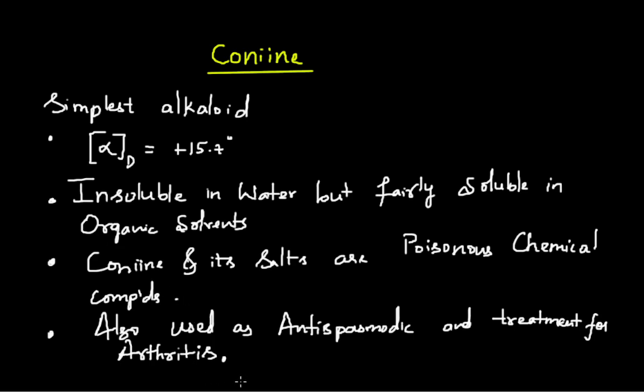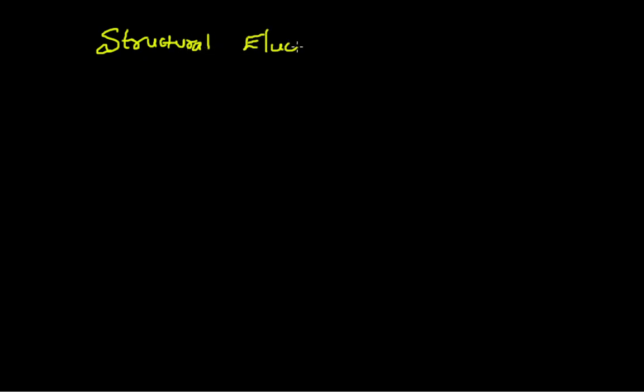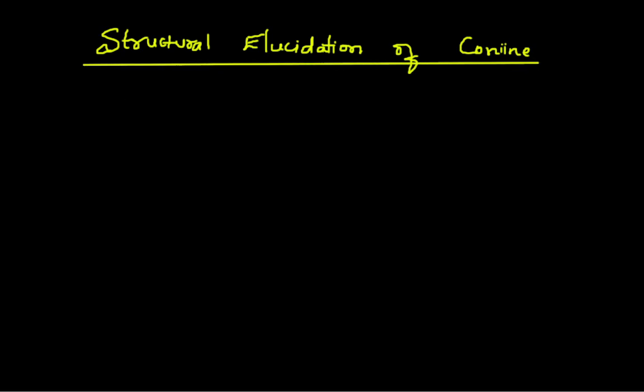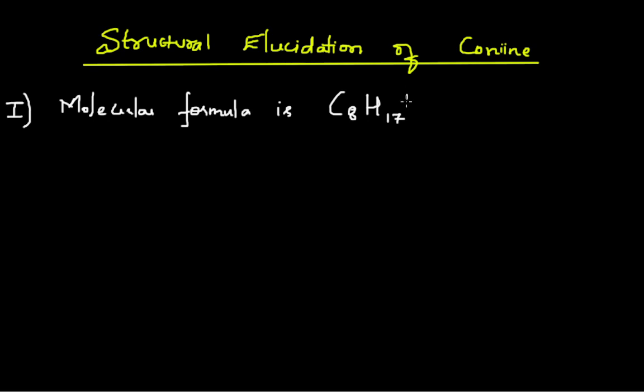Okay, so we will do the structural elucidation of coniine. First up, its molecular formula is found to be, it's a very simple alkaloid, C8H17N.